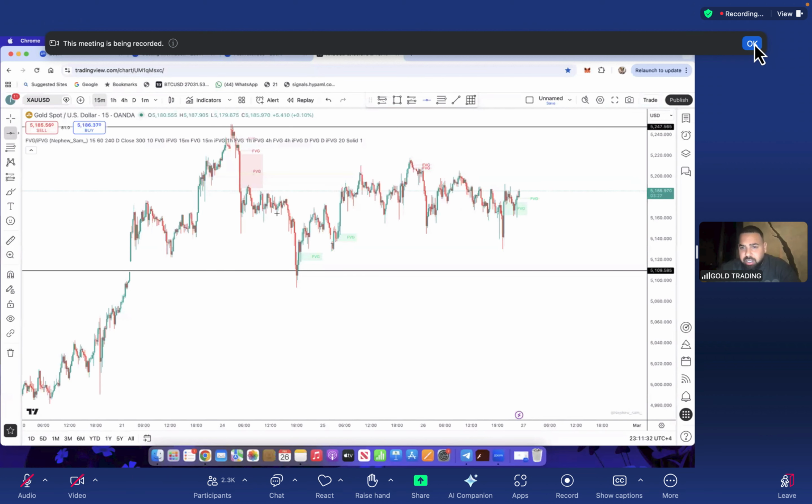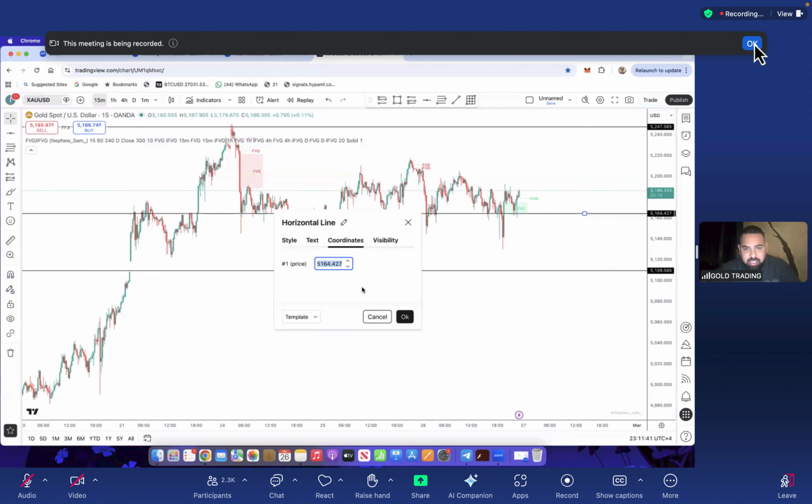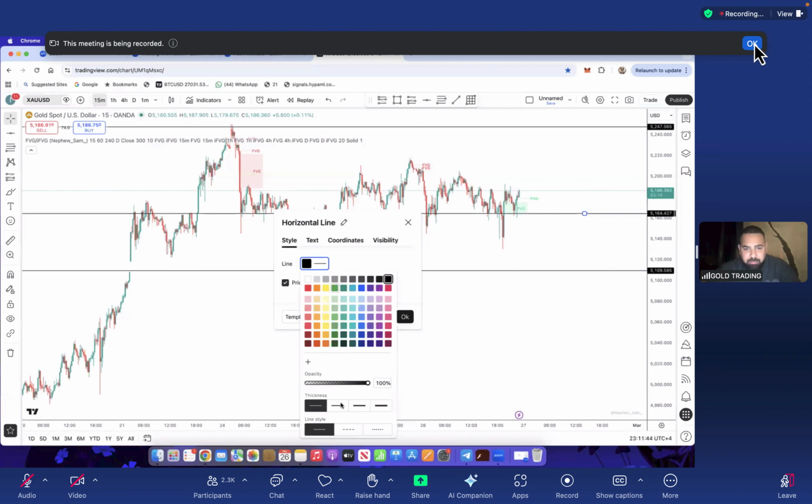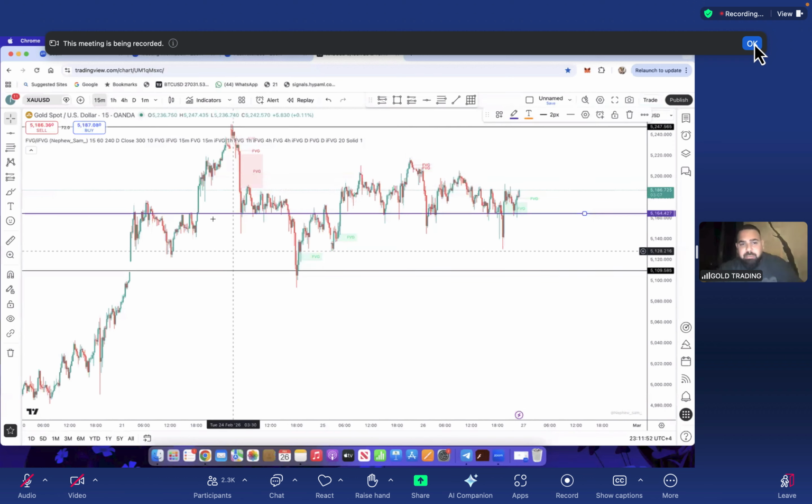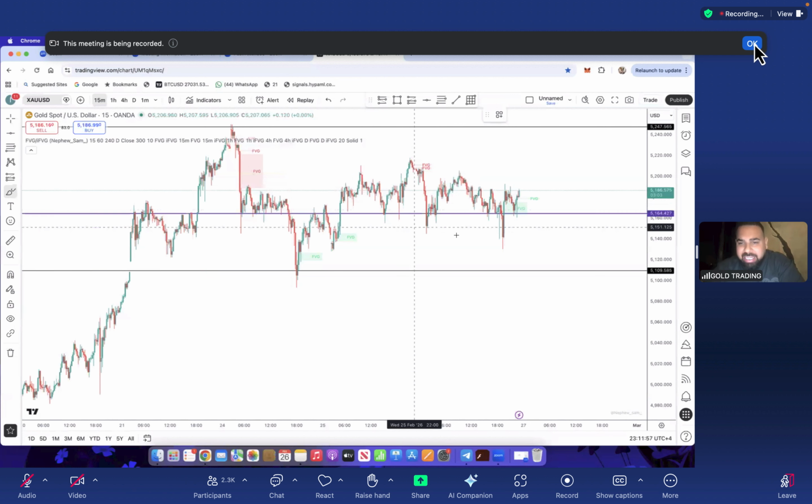Let me quickly draw this out so you can understand what I mean. I can draw a line right here. I'm going to change the color of this line and make it a little bit bolder. Here on a 15-minute time frame, although it's not super clean, it's not a million miles away.